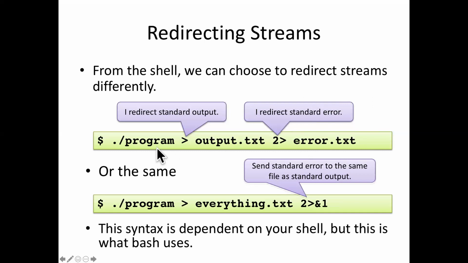So running a program like this, its 2 streams are going to go to different files. If you wanted them to go to the same file, you could use this kind of goofy notation. This says, send my standard output to a file. And then this says, take standard error and send it to the same place as standard output. Output stream, or stream 1, is standard output. So this, again, kind of goofy notation says, send error output to the same place as standard output.